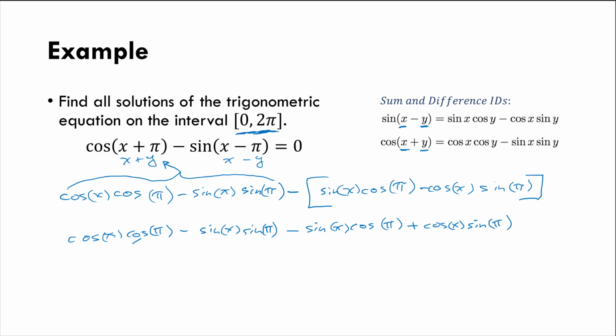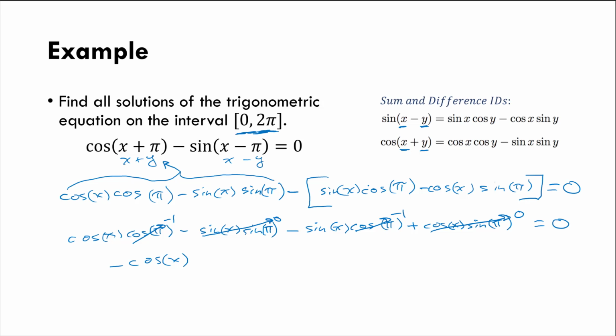So cosine of pi, I know, is -1. And sine of pi is 0, so this whole term is going to go to 0. Again, cosine of pi is going to be -1, and sine of pi is going to be 0. So what I'm left with is negative cosine x, and this is all equal to 0.